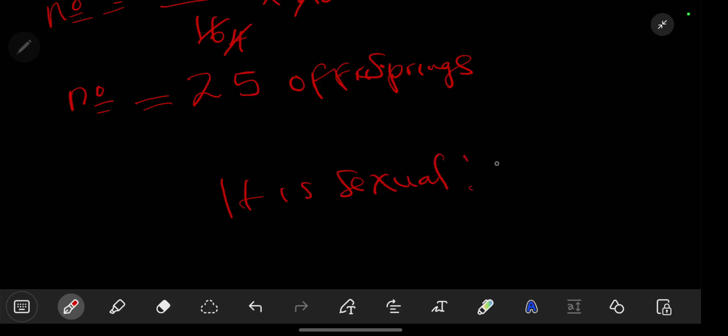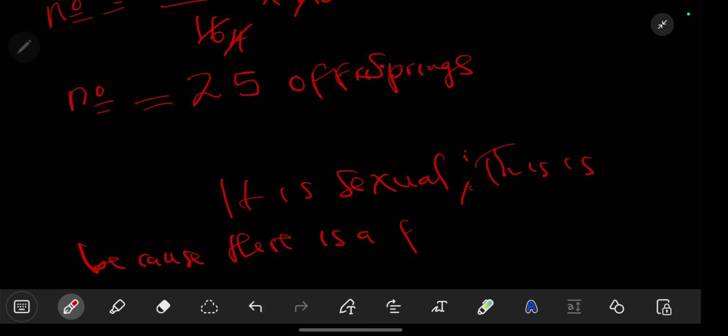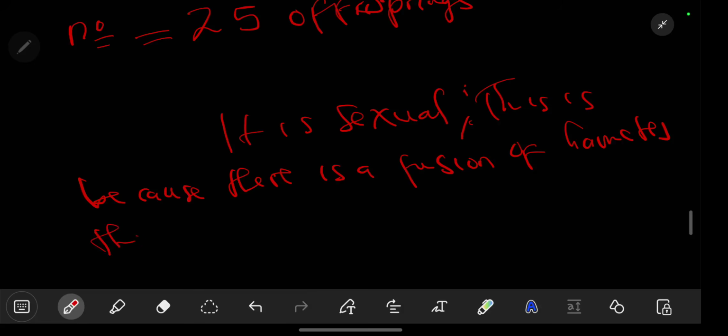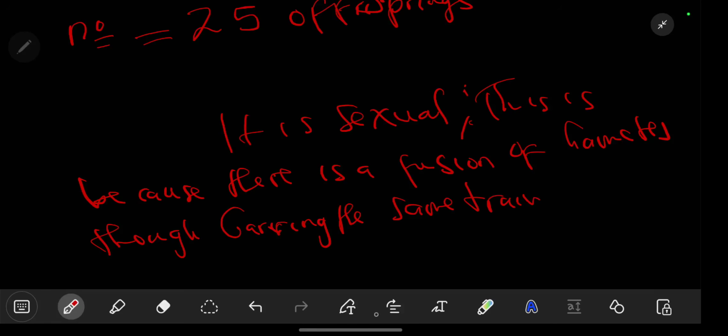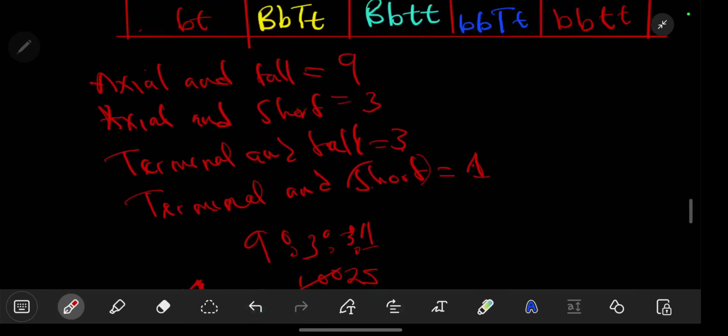Because there is a fusion of gametes, though carrying the same traits. So as long as there is the fusion of gametes, then it is sexual reproduction.